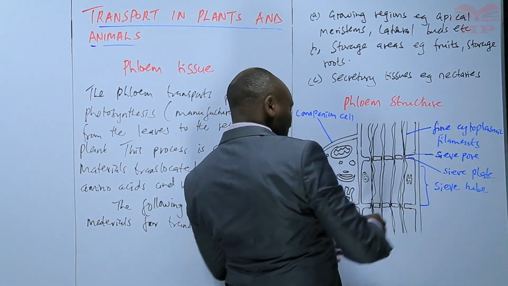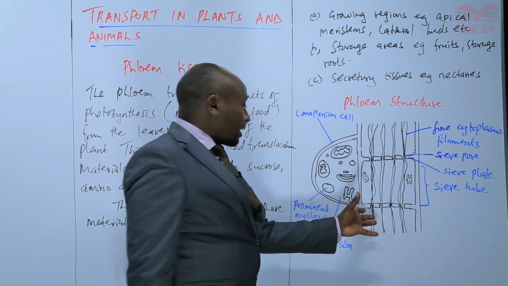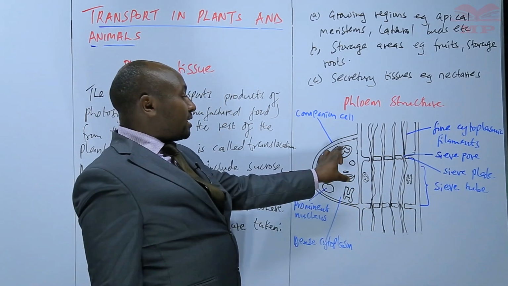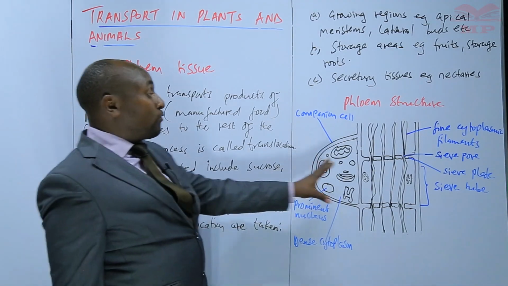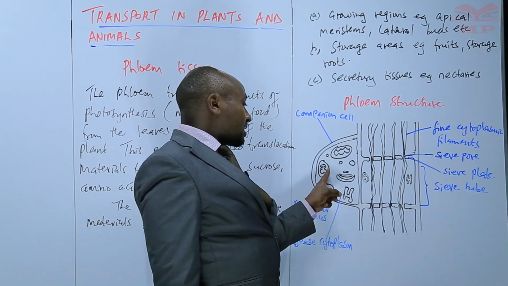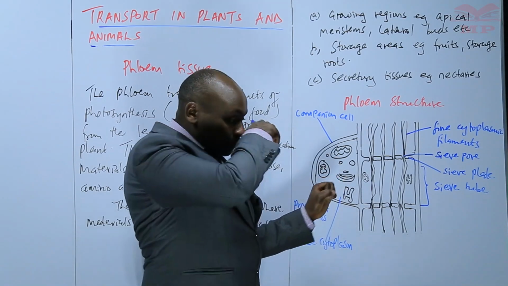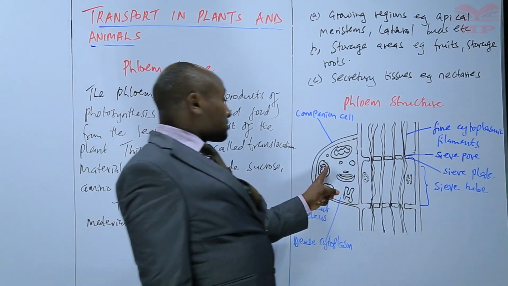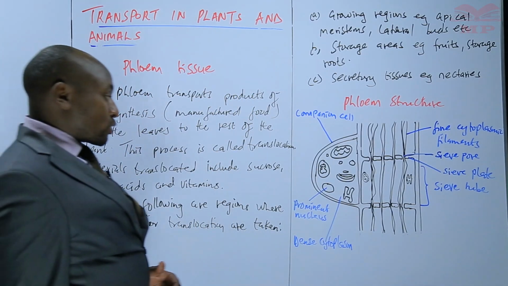The sieve pores, that's where the filaments pass. Then the companion cell, its work is to provide the energy that is required for translocation. And that's why you can see that it has numerous mitochondria to provide energy for translocation.